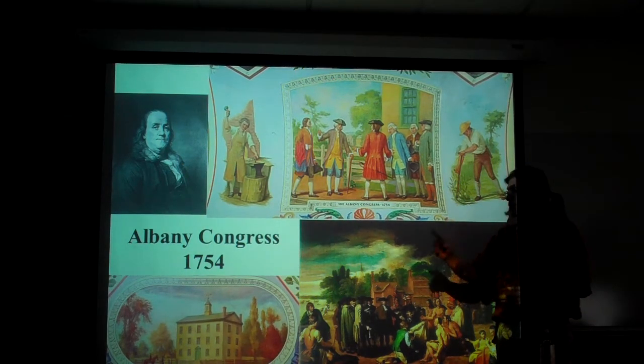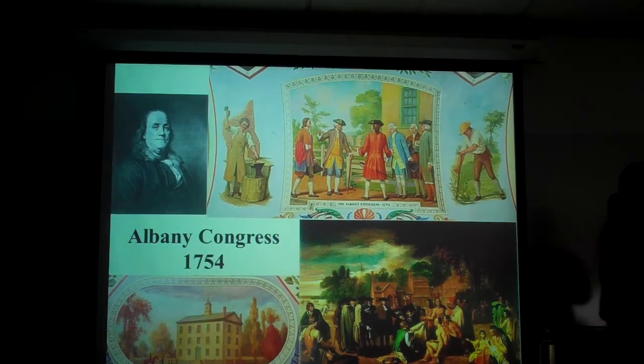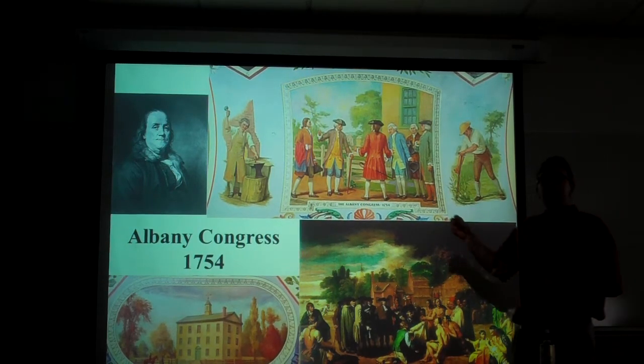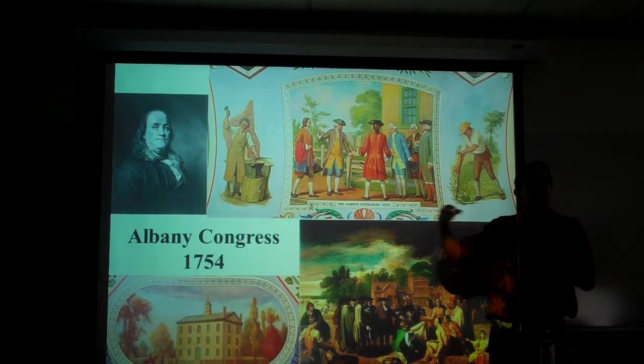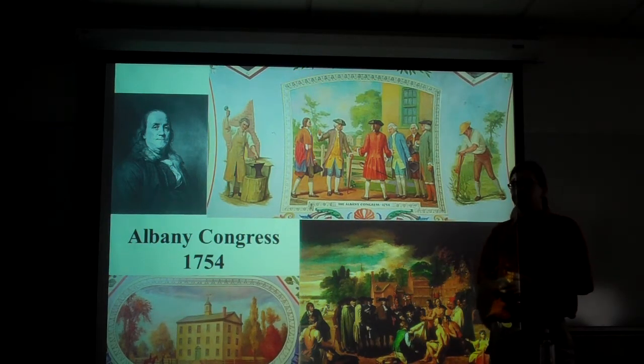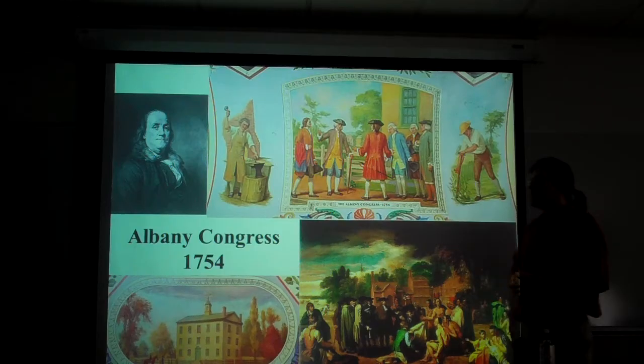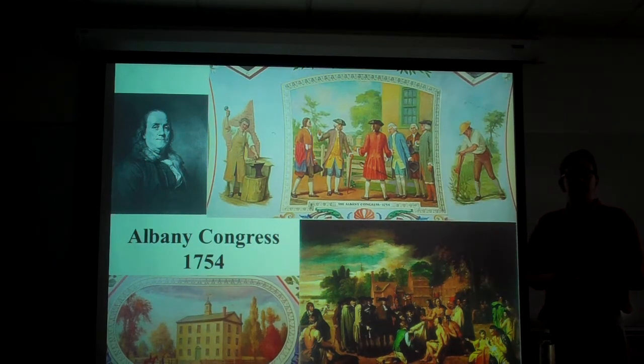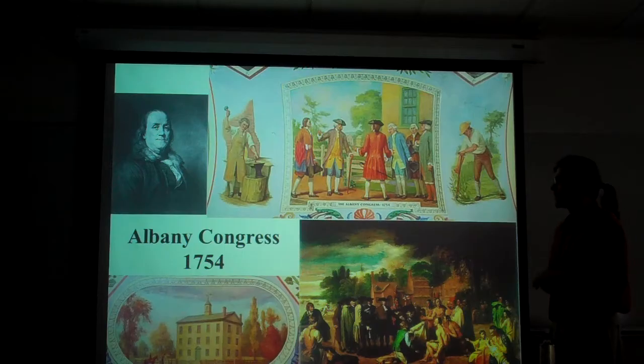So that was the first goal, to try to unite the 13 colonies together. The second goal was to try to get the Iroquois to side with the British. That, of course, is why they organized it in Albany. Because where do the Iroquois live? Right near the Great Lakes, upstate New York.